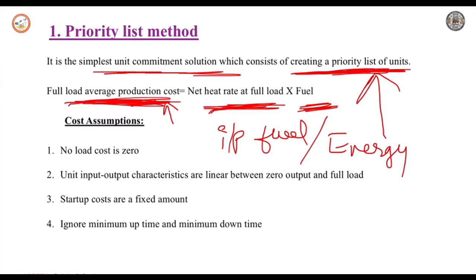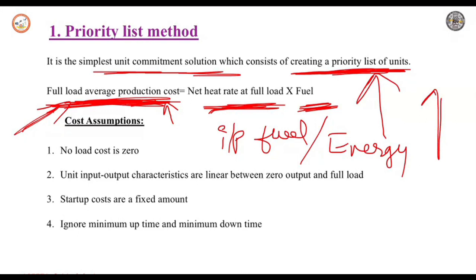Fuel input divided by energy output is the heat rate, and multiplied by fuel cost it will give us the full load average production cost for any given unit. Based on this full load average production cost, we will prepare the priority list in ascending order.